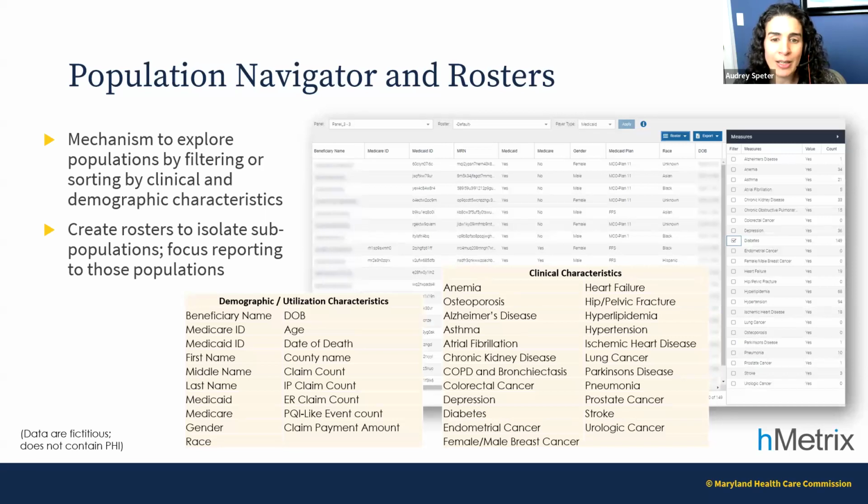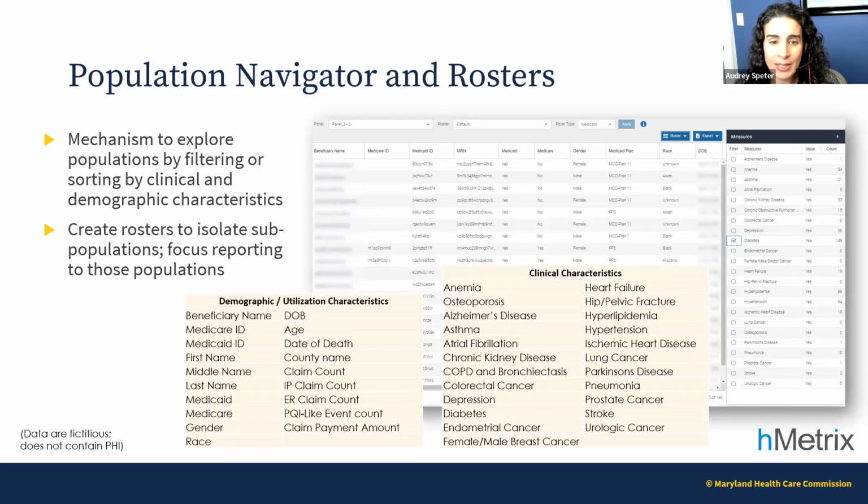So you'd be able to identify a population that has diabetes and hypertension, or you'd also be able to overlay on top of that those that live in a certain area or are of a certain race, or of a certain age band. And you're able to customize the view and whittle down a little bit at a time until you identify a subpopulation that you want to focus on. So it really helps in the targeting of who you want to focus on for your population health initiative.